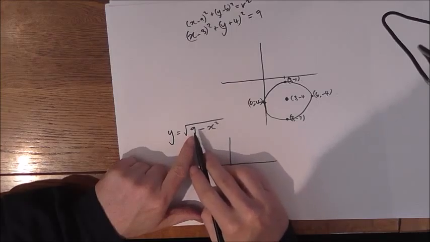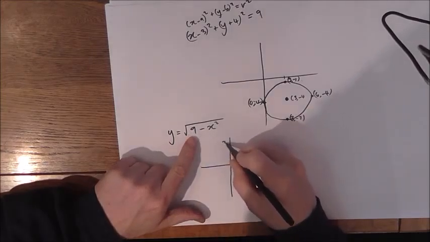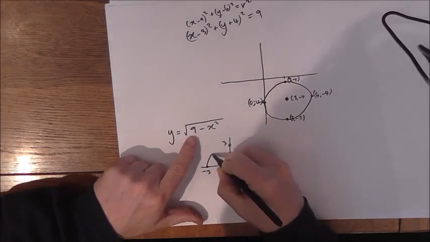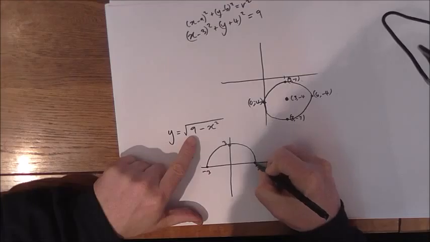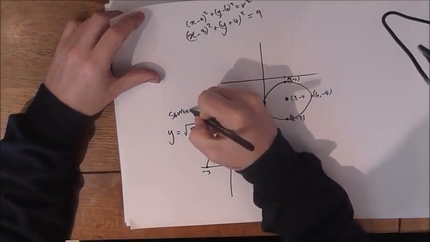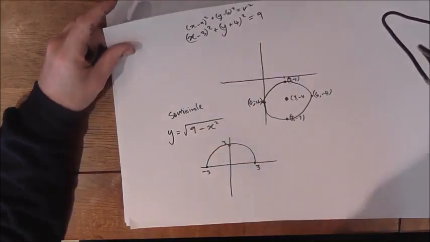If x equals 0, then y equals the square root of 9. So there we go, you're done. So that's a semicircle. You don't need that for GCSE. That is for Add Maths and Year 12 and 13. What else have we got?